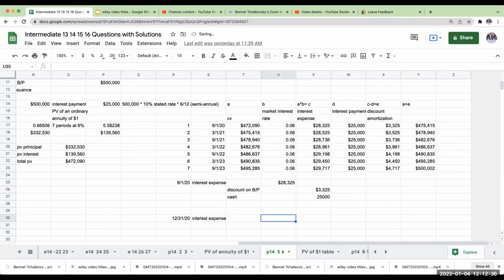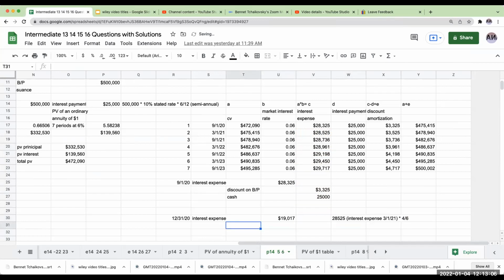And the way I'm going to do this is I'm going to take the amount of the interest expense on March 1st, 2021, of the following period, and multiply that by 4/6. This is going to be 28,525, which is interest expense at 3/1/21. I'm going to multiply that amount by 4/6.